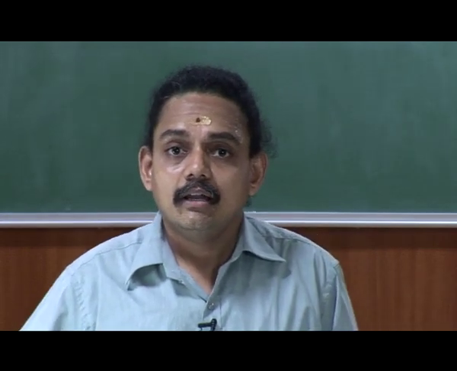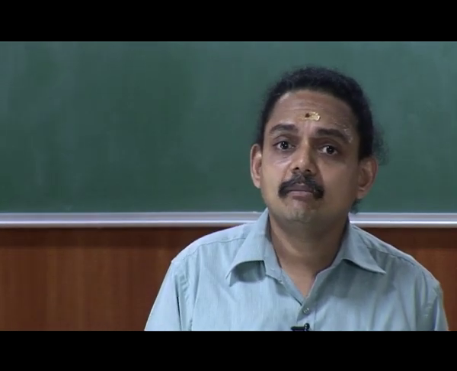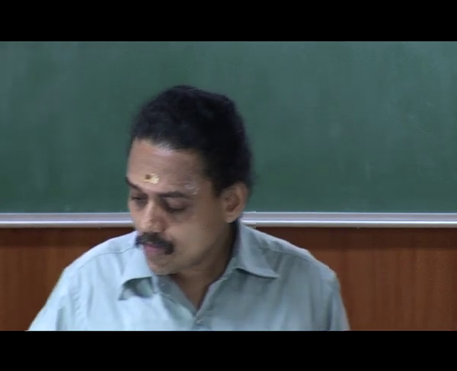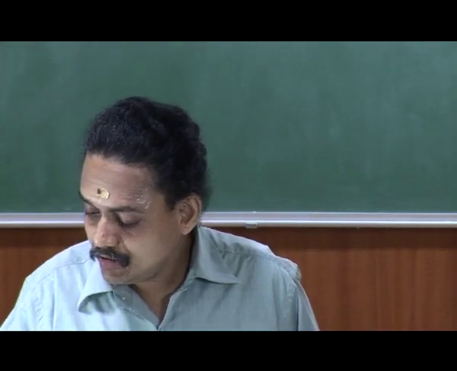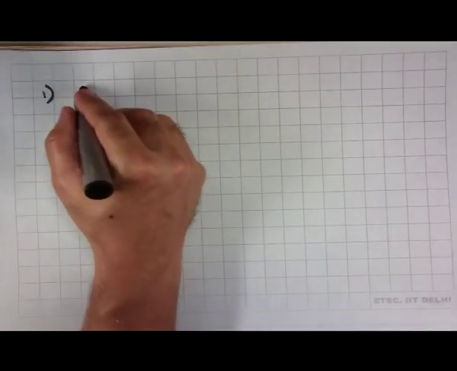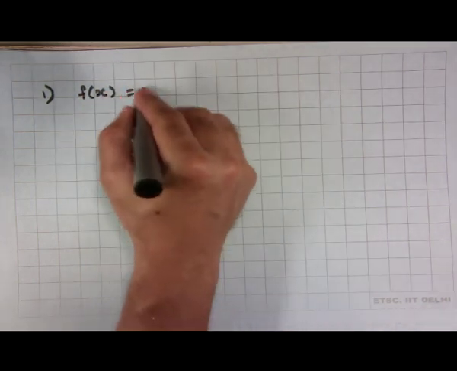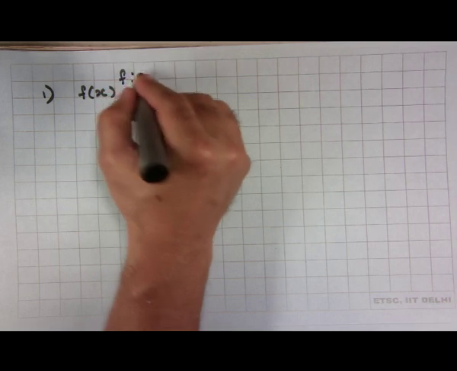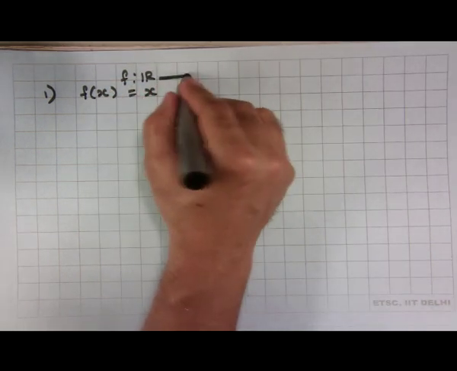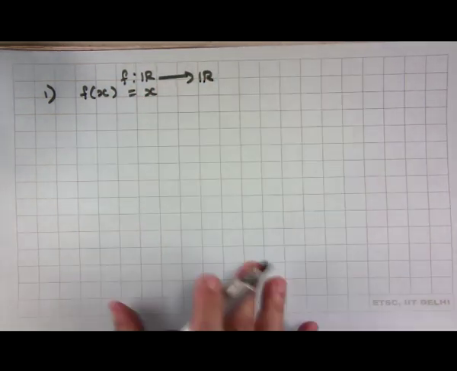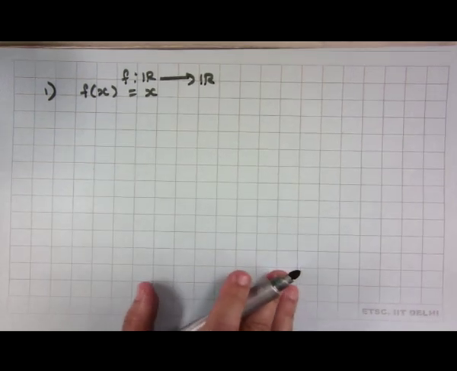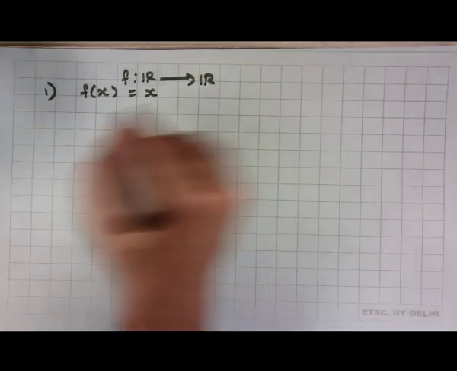Now, let us try to look at some of the standard functions. The first one is the identity function, f of x equal to x. Well, the domain and codomain are one and the same, f from R to R, f of x equal to x. This is what is known as the identity function.